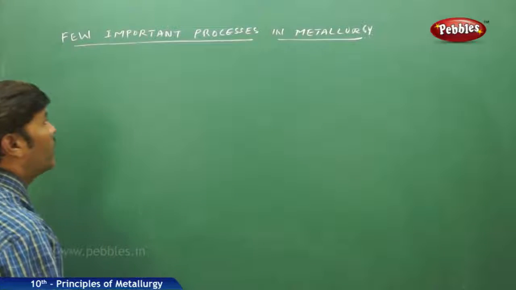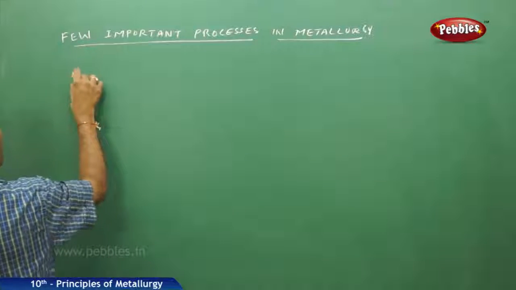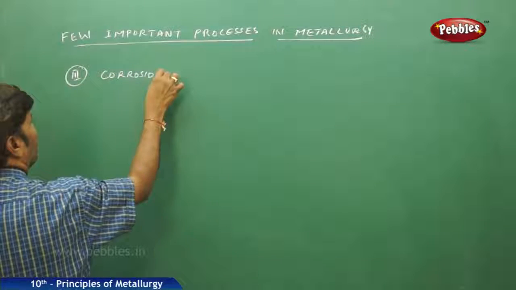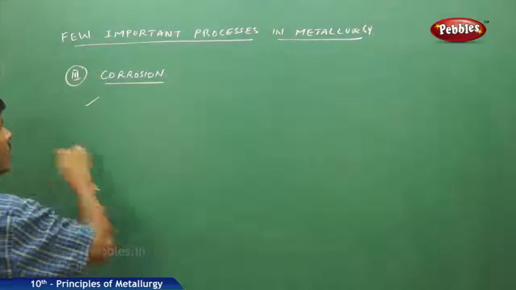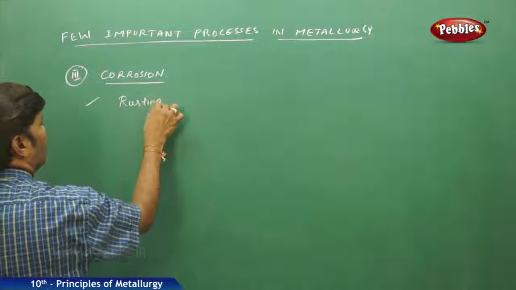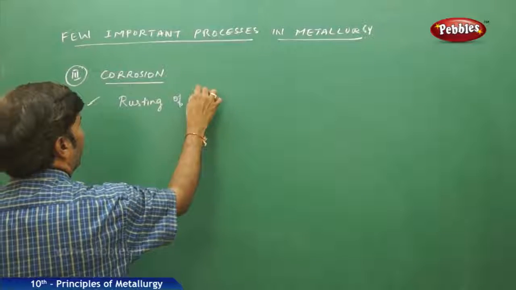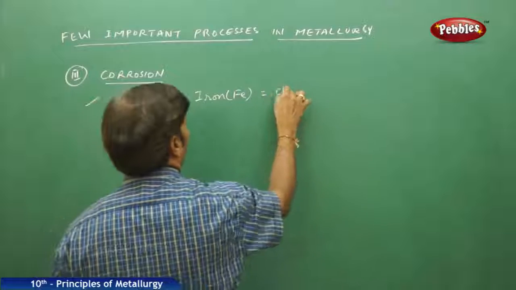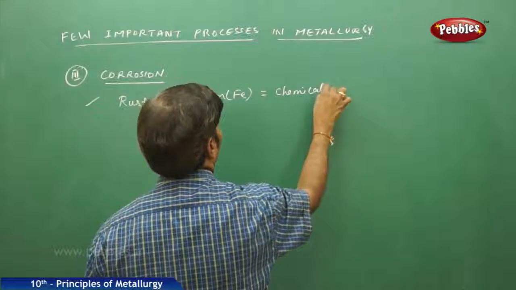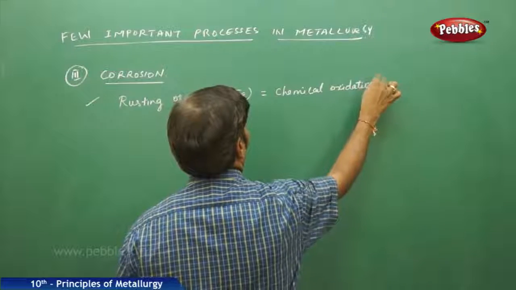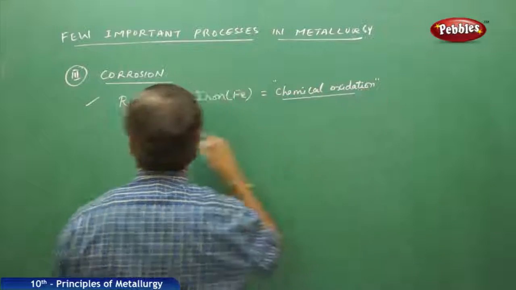So the next part of the process here is corrosion. We take corrosion, that is rusting of iron. Rusting of iron is chemical oxidation.